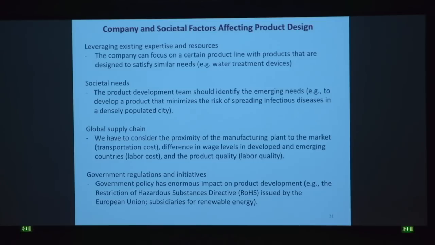We would like to leverage the company expertise and resources. We have to meet societal needs. We have to look at the global supply chain as well as government regulations and incentives. At the bottom, it shows that for renewable energy, without government subsidy, we are not going anywhere.